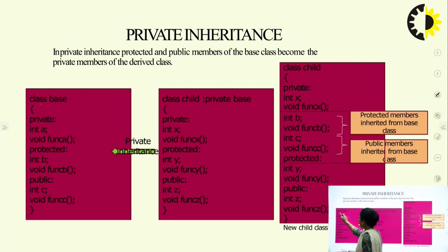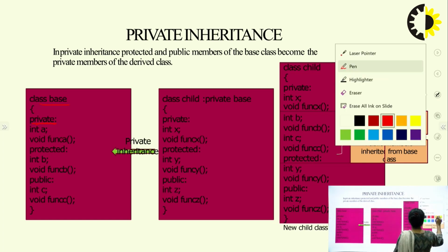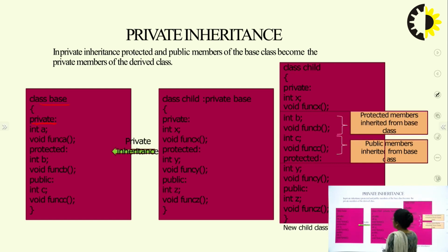If you take it from a coding perspective, in case of private inheritance, let us say we have a base class that has private members, protected members and public members. This is the base class. This is a child class which is inheriting from the base class through private inheritance.